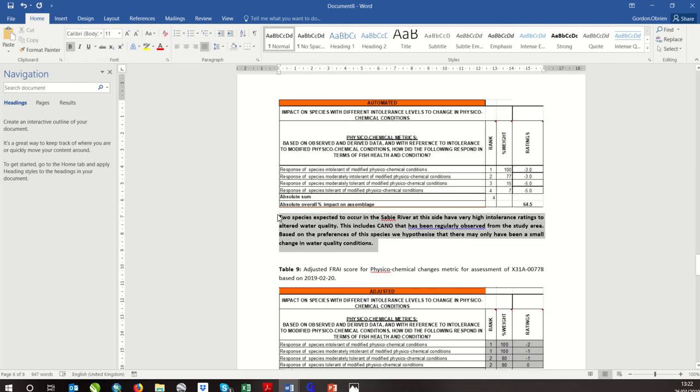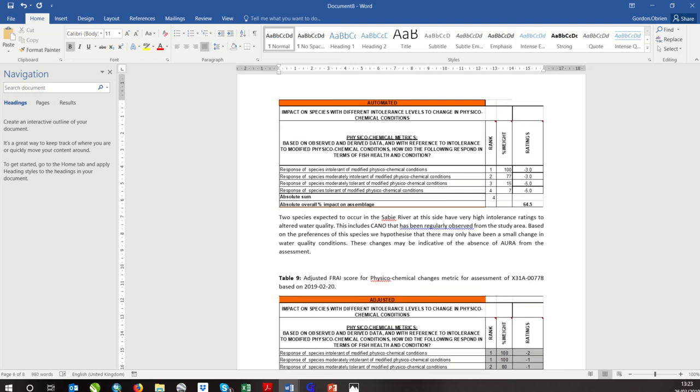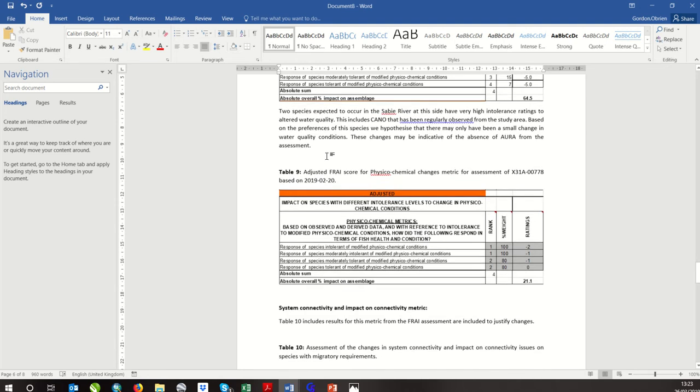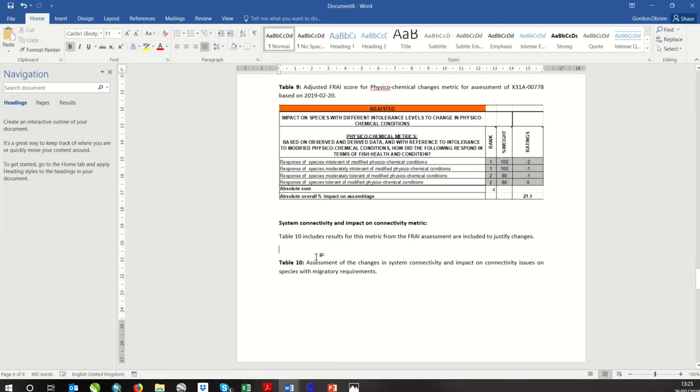Okay. These changes may be indicative of the absence of Amphilius from the assessment. So that's what I'm suggesting, that there's only possibly one small change, and that's affected this species, and that's why there's a -2 compared to the rest.